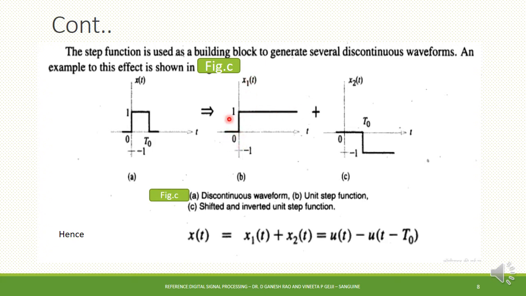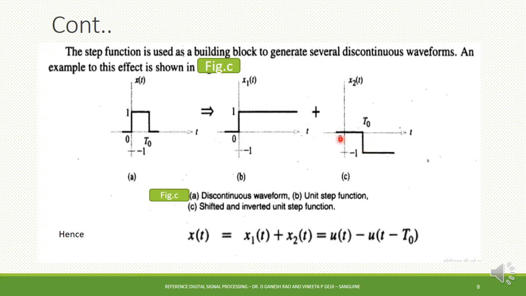The same thing is here. This is one continuous signal, and for this waveform I have applied this. This is one discontinuous waveform. After applying the unit step, you get this one, and this is your shifted and inverted unit step function.